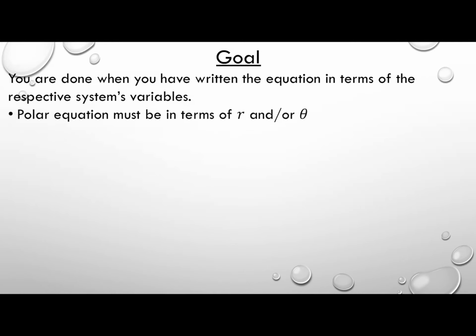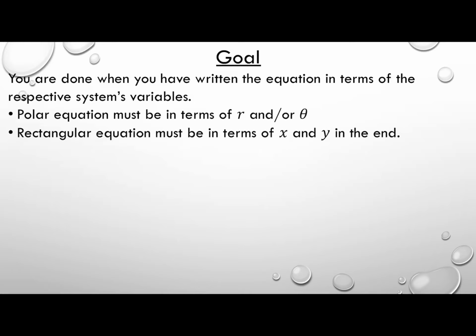For example, if we're given an equation in terms of r and theta, we want our final answer to be in terms of x and y. And then vice versa. If we started with an equation in terms of x and y, we want our final answer to be in terms of r and theta. But once again, today, we're just going to be focusing on starting here and going to here.